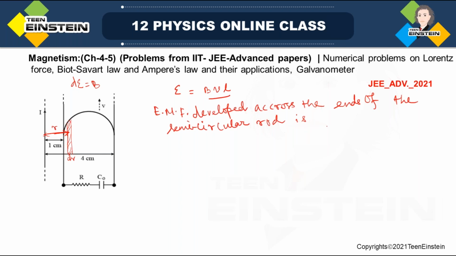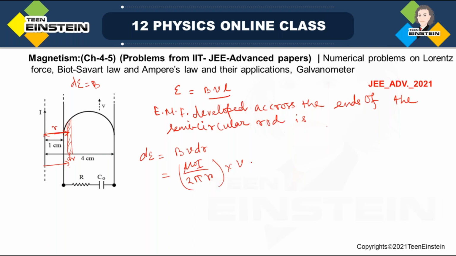So what is the EMF for this particular strip or elemental area? That is B, V and dr. So what is B here? B is the magnetic field at distance r. For a long straight wire, we know it is mu0 I by 2 pi r.